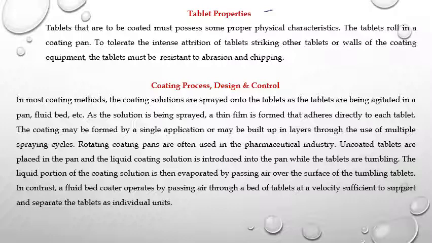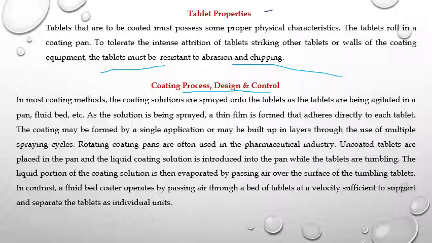The tablet rolls in a coating pan and must tolerate the intense attrition of tablets striking other tablets or the wall of the coating equipment. The tablet must resist abrasion and chipping.